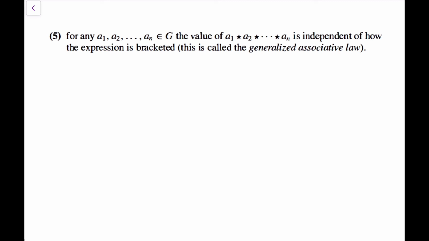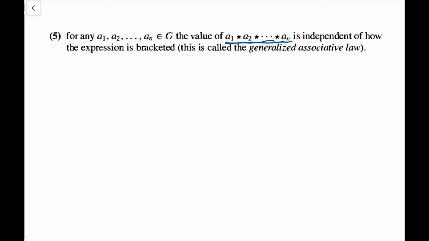And this means that for the operation between n elements like this, no matter how you put the bracket in this calculation, or equivalently, you can say no matter which part you do the operation first, the result will always be the same.